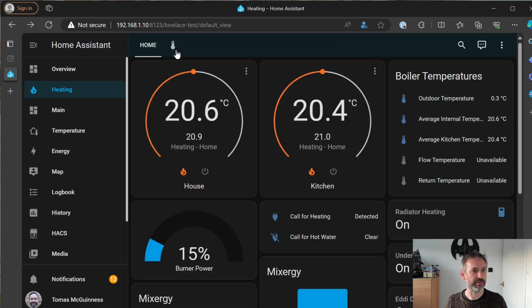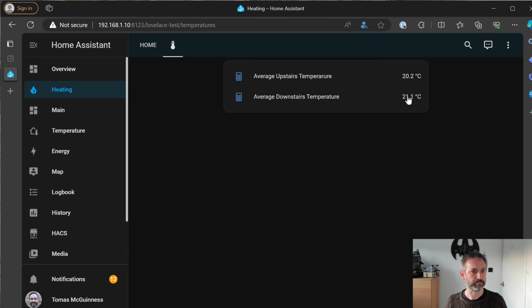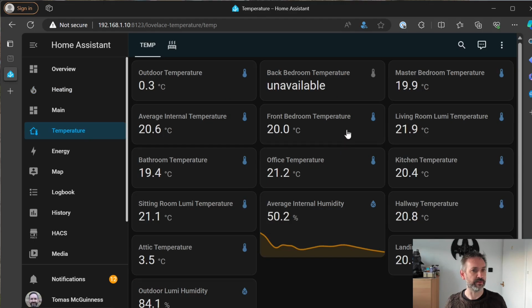There are a couple of caveats. We can still see that there's a little bit of a temperature difference, but the upstairs is warmer than when I checked it last night, and I suspect that's probably heat from people accumulating as well. And I have noticed the back bedroom sensor has dropped out, and I have a feeling that the battery in that has finally died.